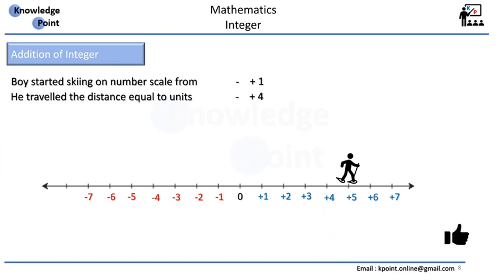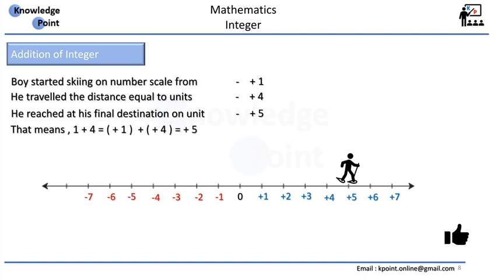So he traveled 4 units to the right. So what happens? He reached what place? He is at +5. That means 1 plus 4, or you can say +1 plus 4 is +5.